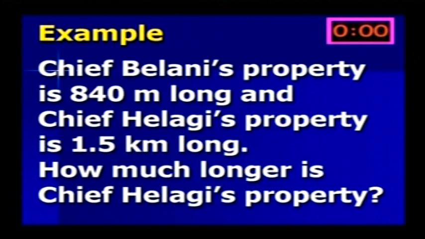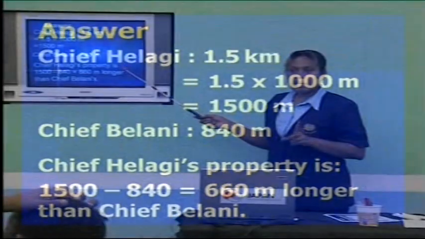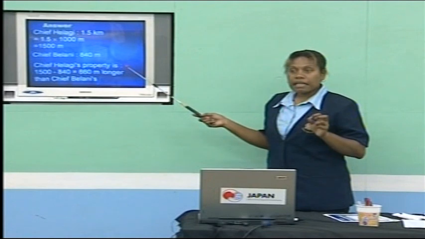Okay, let's just go through. Everyone look up here. In order for us to calculate our answer, because here we have two different units, we have to make sure that the units are the same.